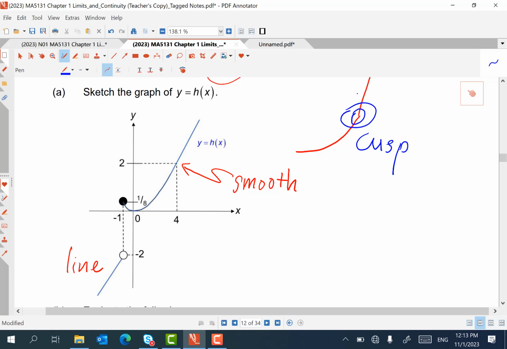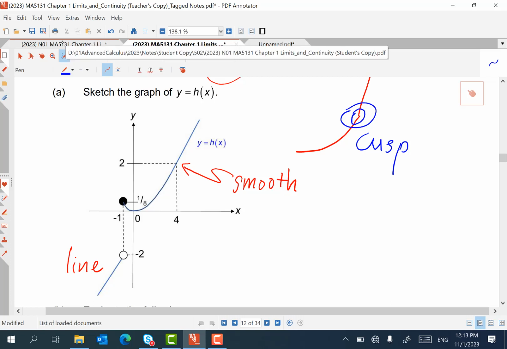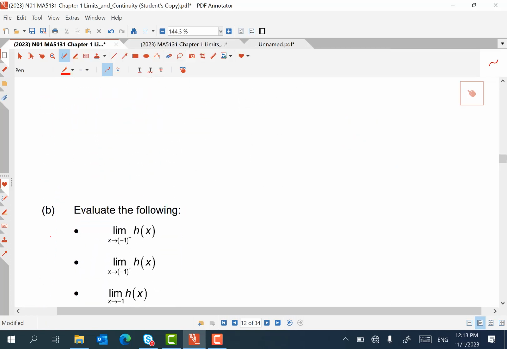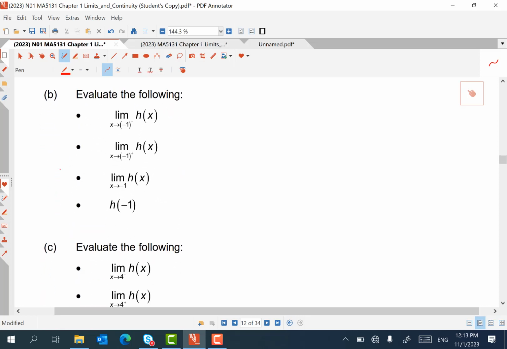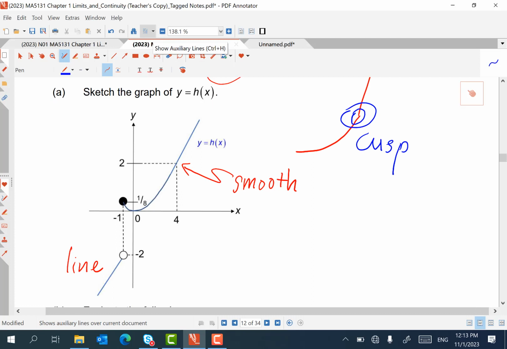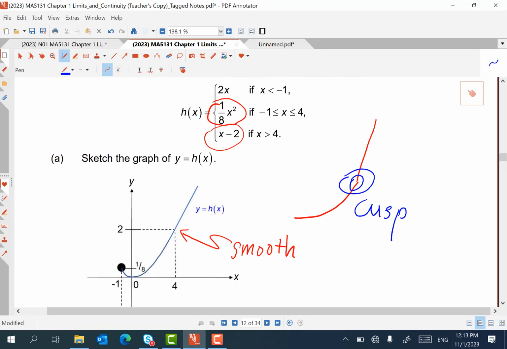Okay, so having sketched the graph, you now want to actually answer the question. You need to see the graph again? Okay, this is the graph. How do we tell it's proof? If you differentiate this one, you get x over 4, right?